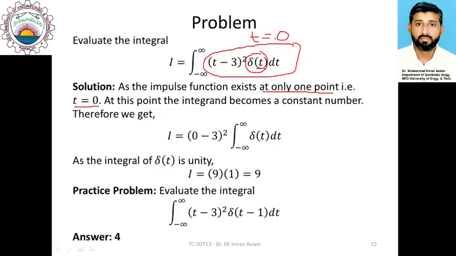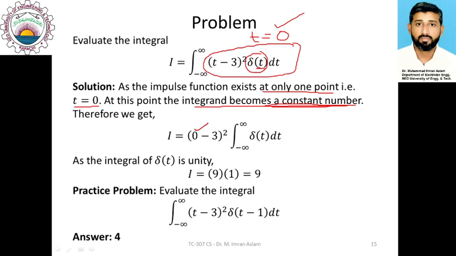So if we substitute t equal to 0 in this integrand, it would become a constant number. For this integration, the integrand is treated as a constant, because the variable has a constant value, which is t equal to 0.